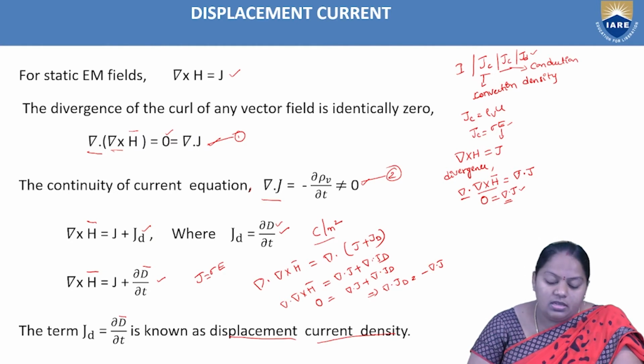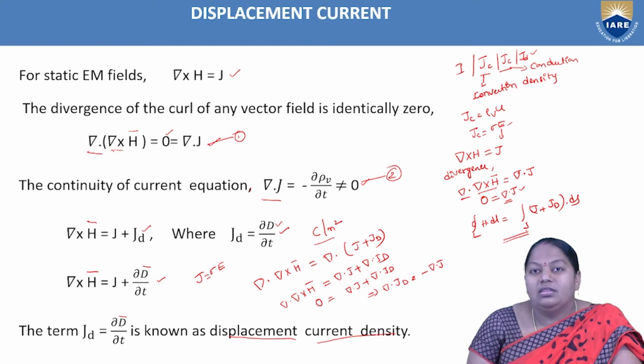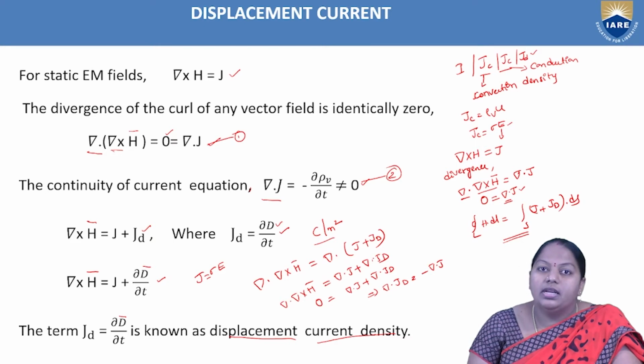If you want to write the equation in terms of integrals, then considering integrations on both sides, the integral over L of H dot dl is equal to the integral over S of J plus JD dot ds. Why? Because to get this we apply Stokes theorem, which gives the relationship between line and surface integrals.